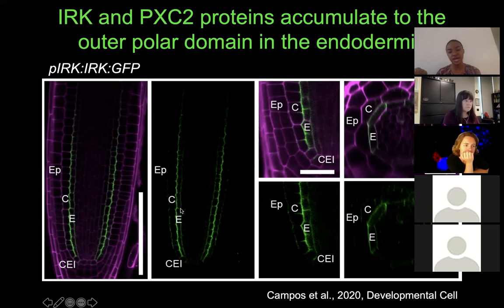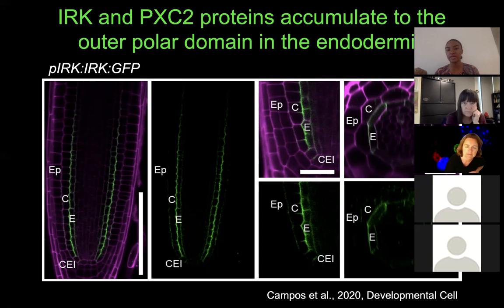They localize into the outer polar domains of the endodermis, and they're phosphorylating substrates, helping with various communication initiatives between different cell types. And so this is what we expect to see in a wild type image for this gene here.